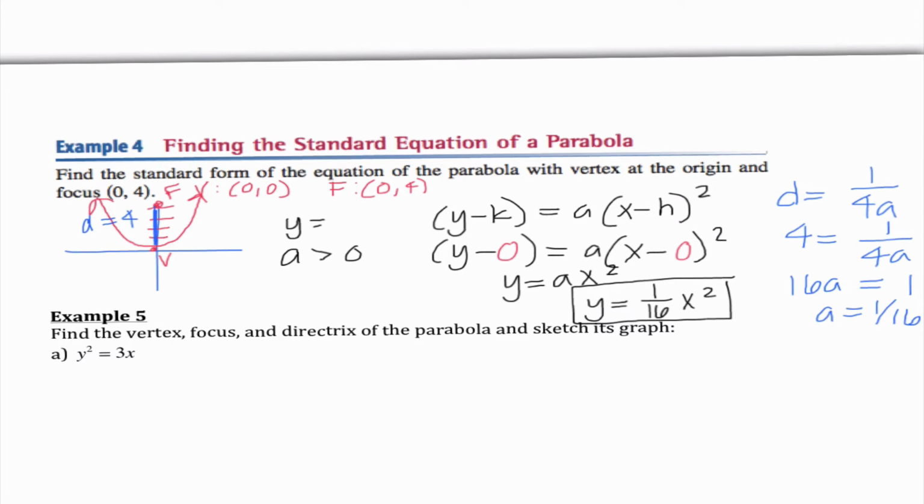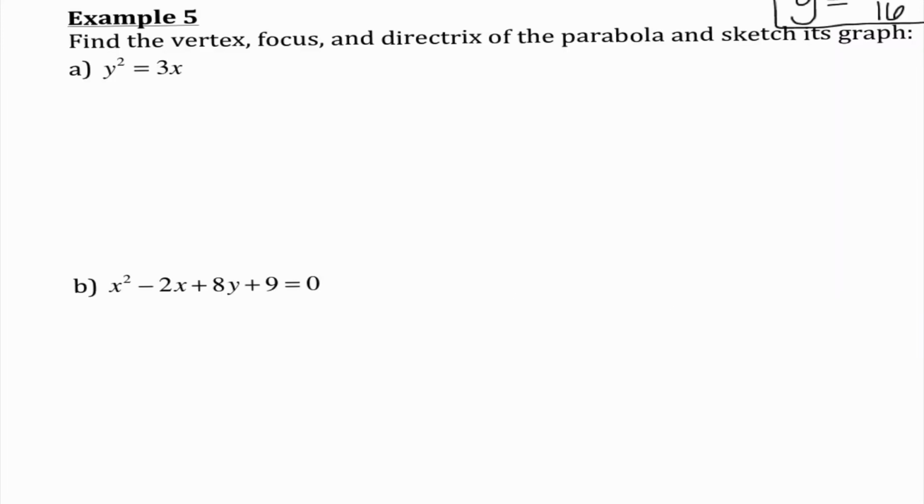So we would have to draw the parabola in the way that it would not intersect the directrix at all. Okay, second major concept, it says find the vertex, focus, and directrix of the parabola and sketch its graph. It is so drilled and ingrained in our brains to find the four characteristics. And the reason why we made you guys do that in Algebra 2 is really to have an understanding of what this graph looks like.